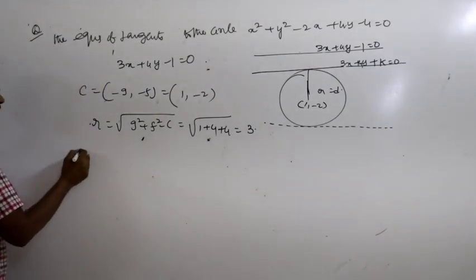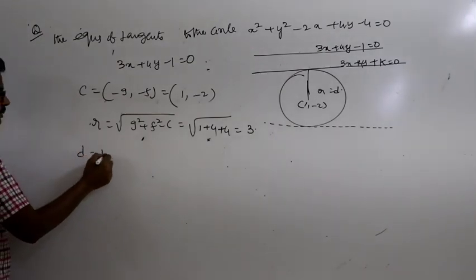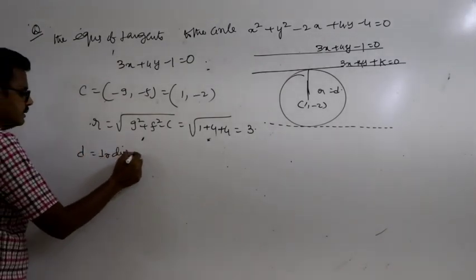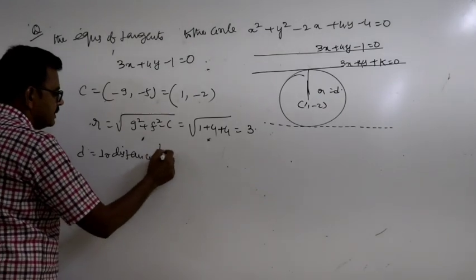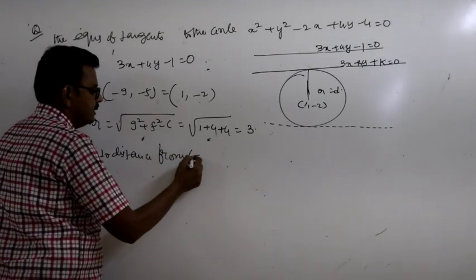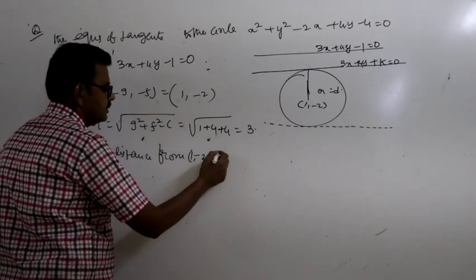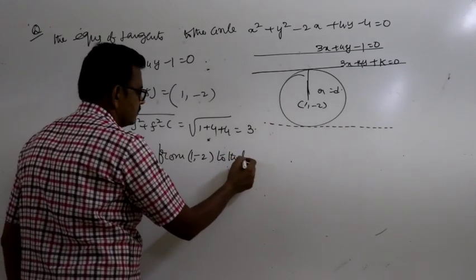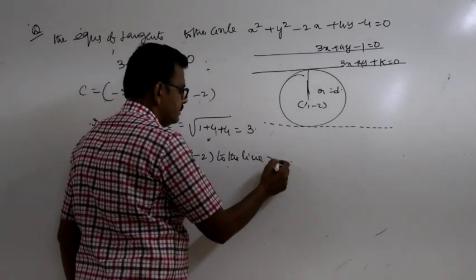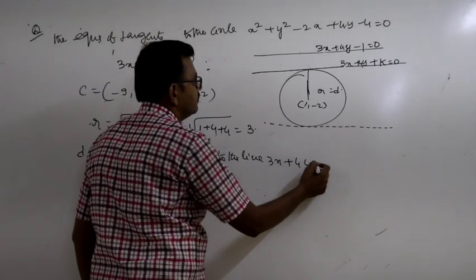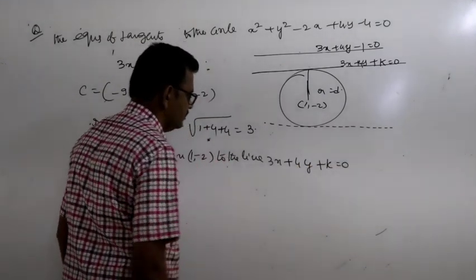Now d is equal to perpendicular distance from center 1 comma minus 2 to the line 3x plus 4y plus k equal to 0.